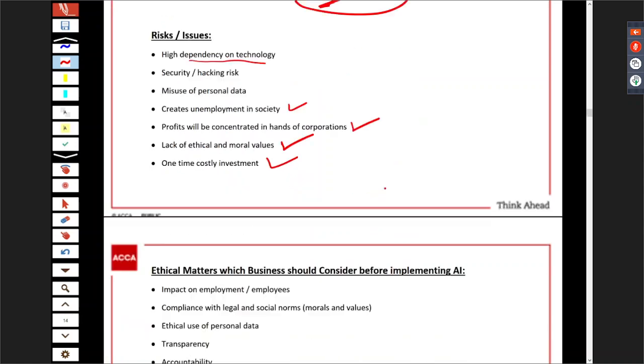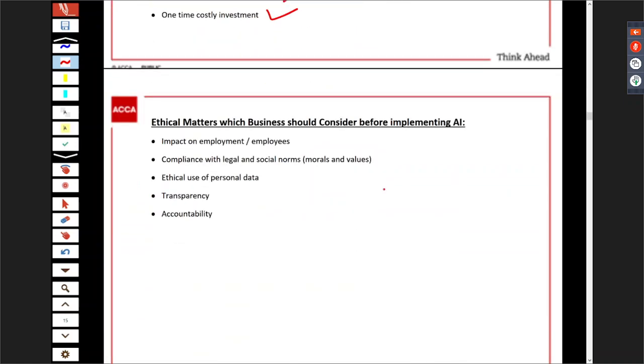Okay. Now, the last thing of this topic is ethical matters, which businesses should consider before implementing AI. I think this kind of question may be expected in this paper, in the September attempt, that what are the ethical aspects of AI. So supposing there is an organization thinking of adopting or implementing a full AI system.